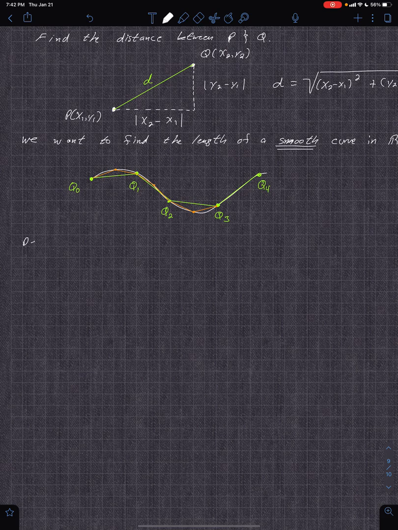So we're going to define smooth. Okay, so definition. A function f is smooth on a closed interval, and we're just saying a closed interval because it could be smooth on a closed interval or everywhere, could be the reals, whatever. f is smooth on a closed interval if f prime is continuous on that closed interval.